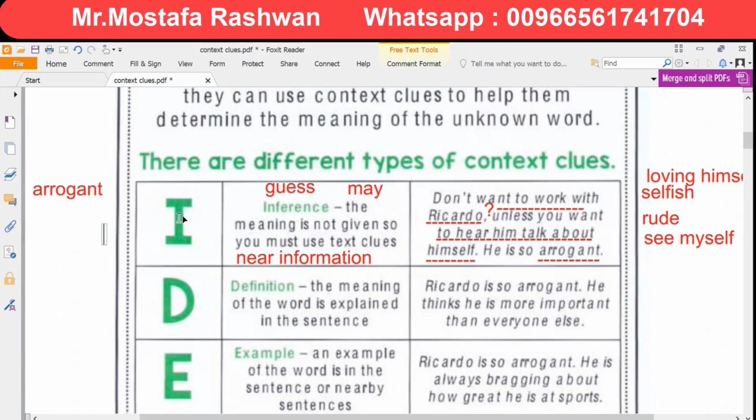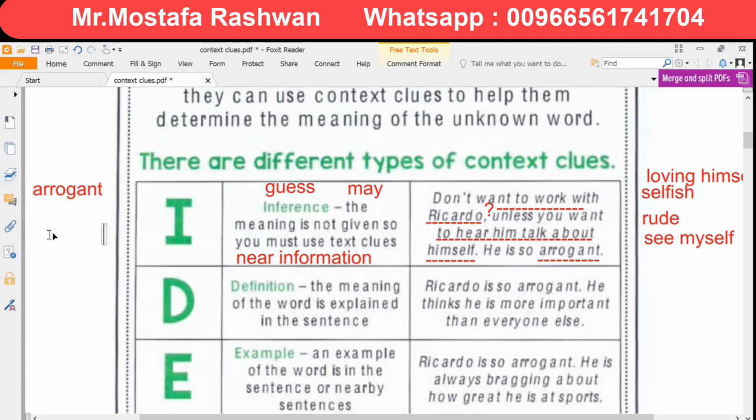This is inference, so you can guess the meaning of any unknown detail in any context. Based on what? Based on the surrounding details or the adjacent information, the close and near information. The details before the information and the details after the information.